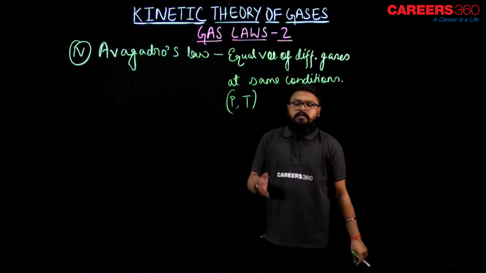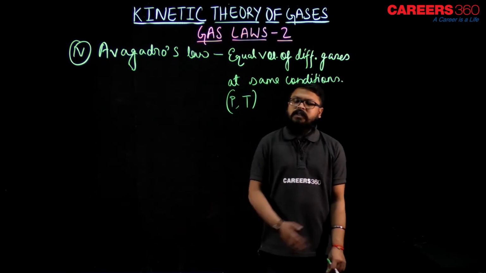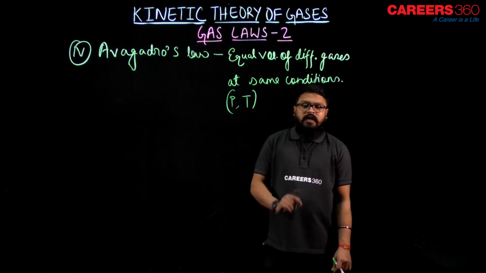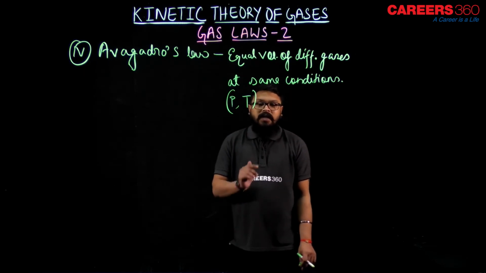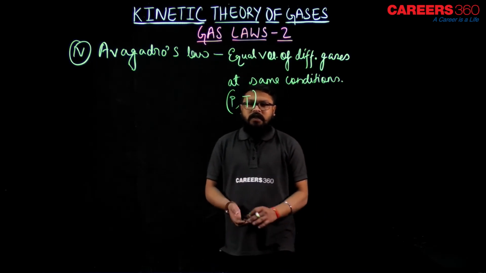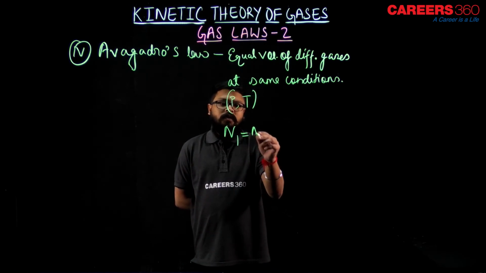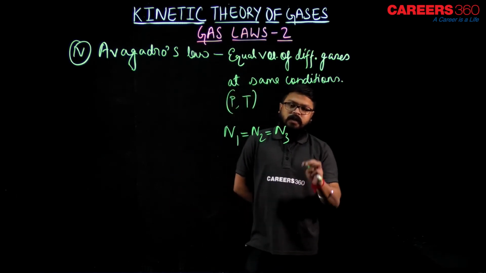At same pressure, same temperature, all the different types of gases, equal volume of course, will have equal number of molecules. What is that? Equal number of molecules, that is N1 would be equal to N2 equals to N3 if we consider three gases.